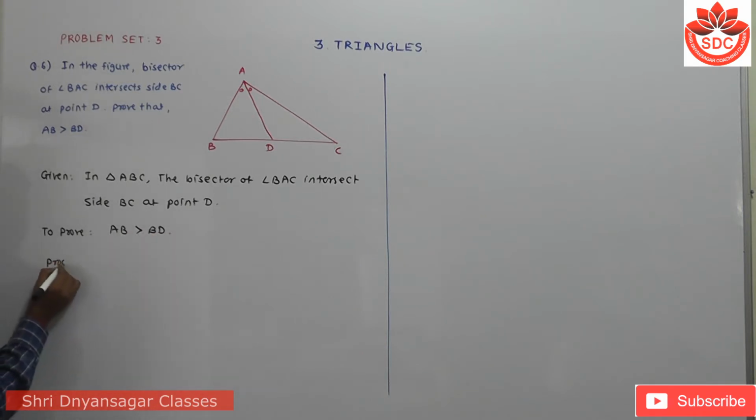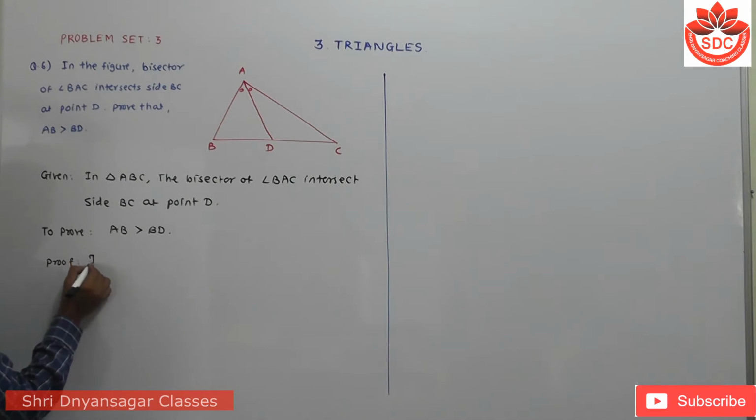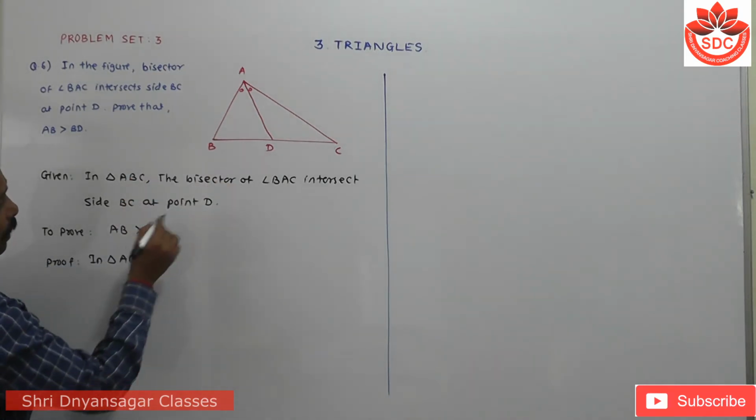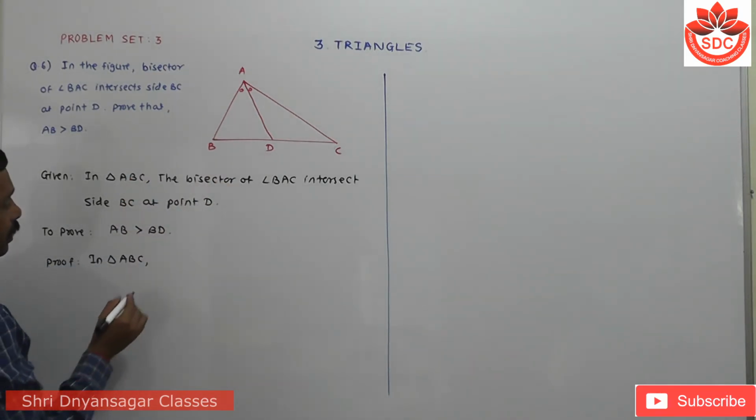For its proof, look here students, in triangle ABC, this AD is the bisector of angle BAC.